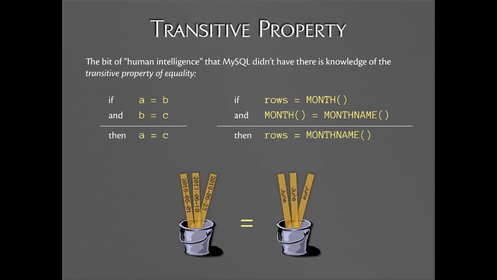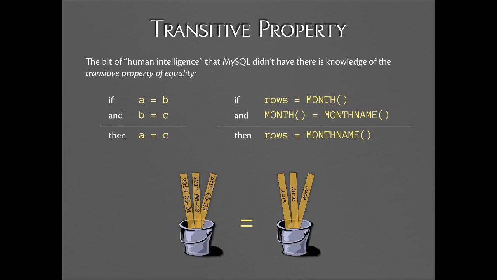If we know that's true, then it makes total common sense to us that the rows are also organized by the name of the month. They are always organized by January or February or September or October. That is total common sense to us. The problem is, MySQL has not been programmed with this type of common sense.